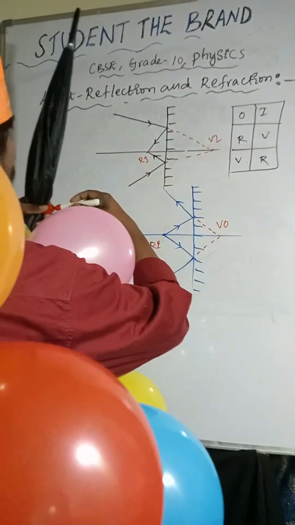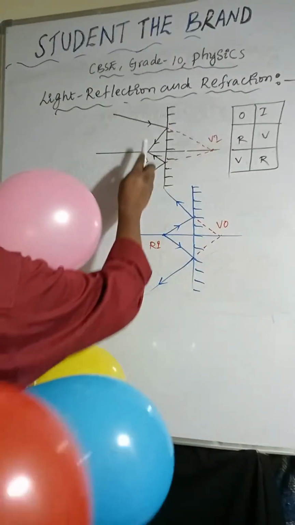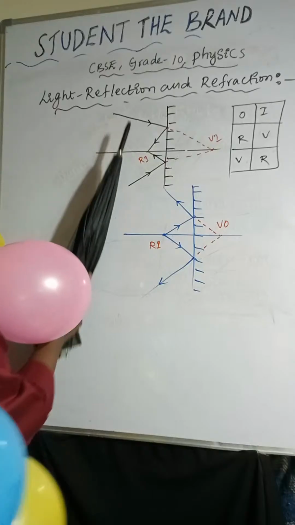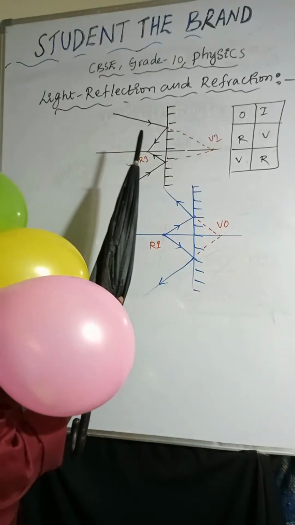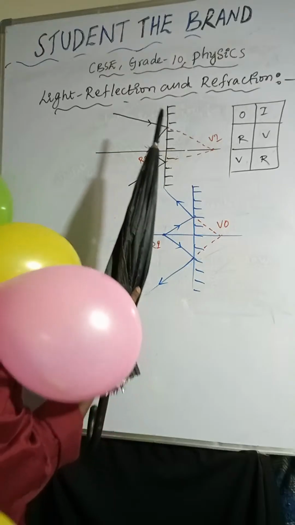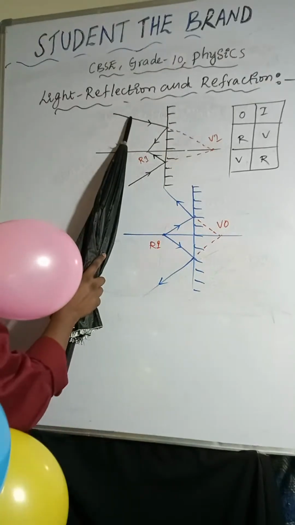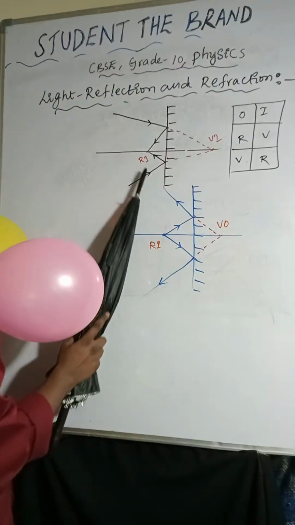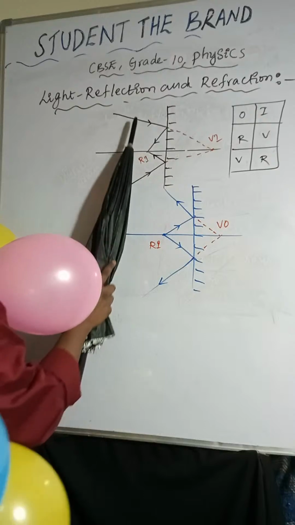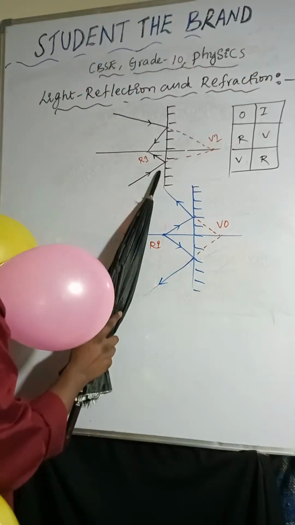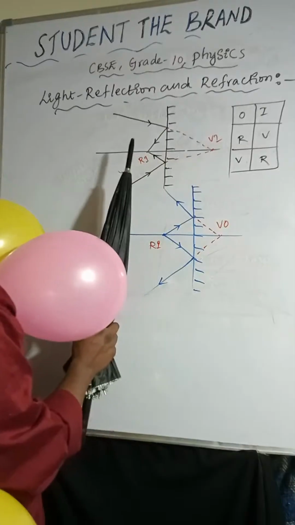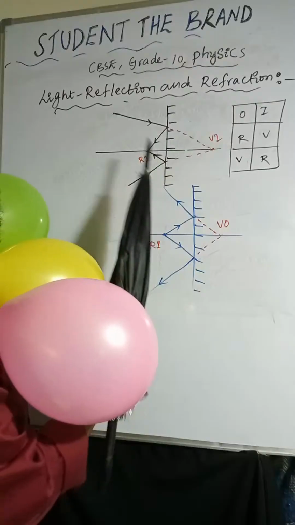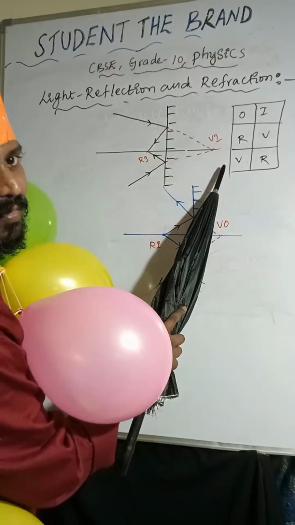I'll explain. Here you can see these are the incident light rays, 1 and 2. We are extending these light rays, and the extended light rays are meeting at one point.